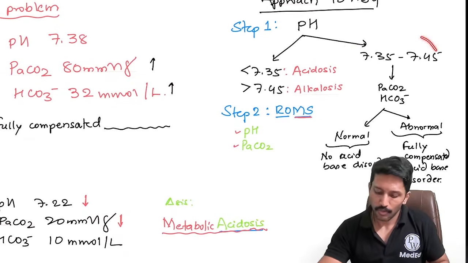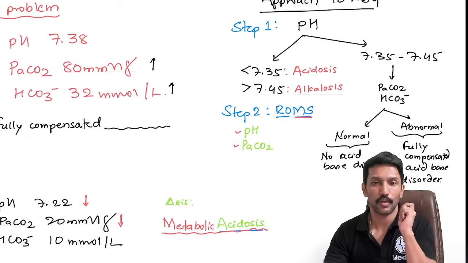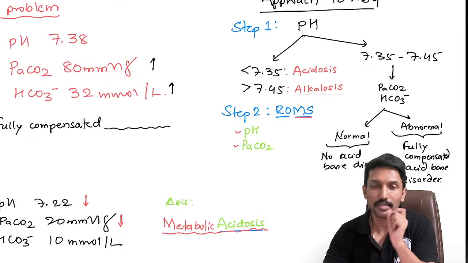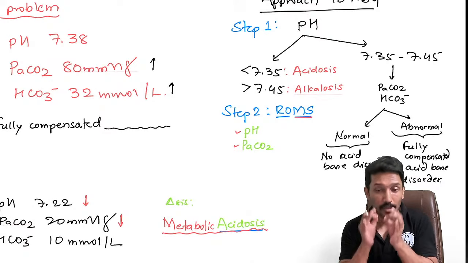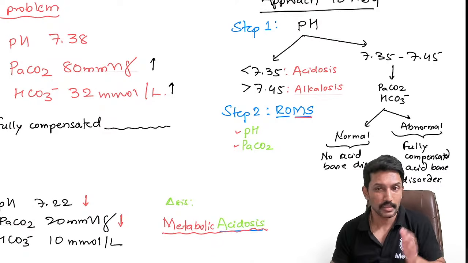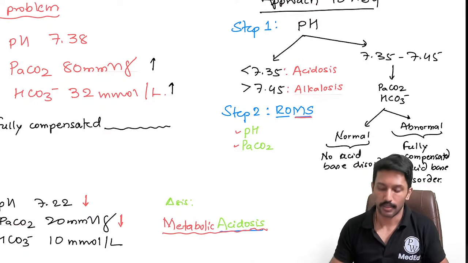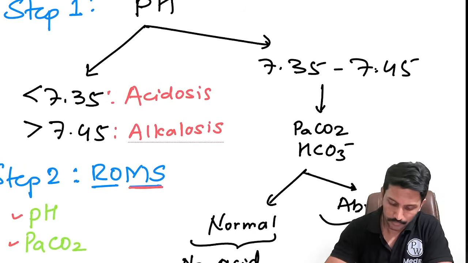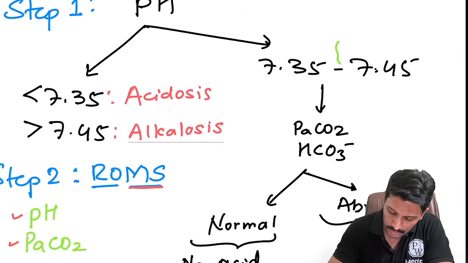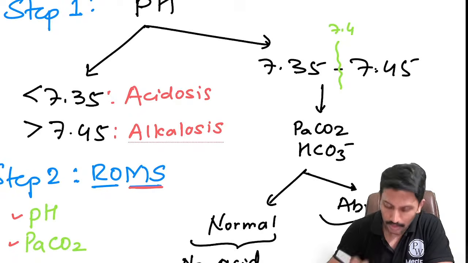So when pH is normal, how will I figure out whether we have acidosis or alkalosis? If the pH is normal, we use 7.4 as the cutoff line. In fully compensated cases, you will use 7.4 as the cutoff line.